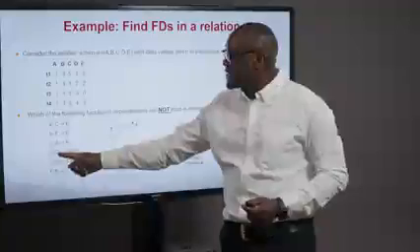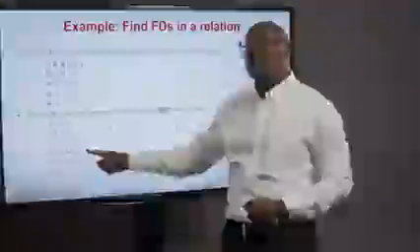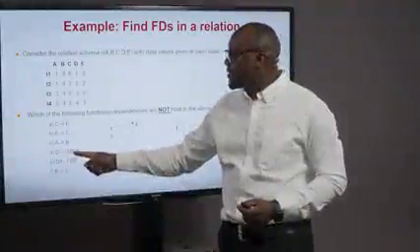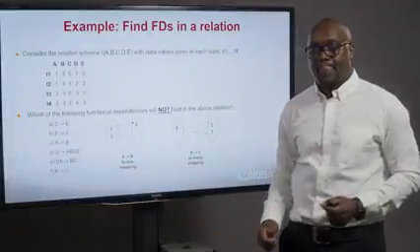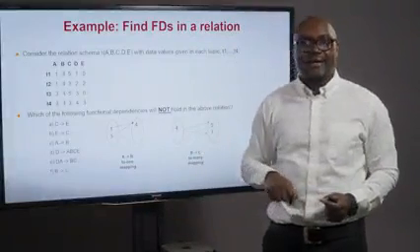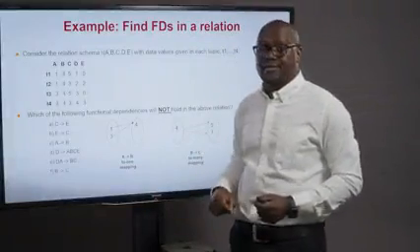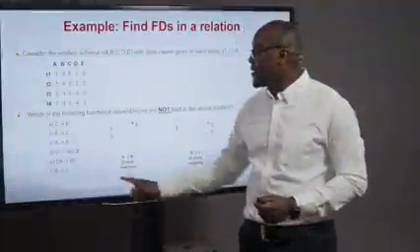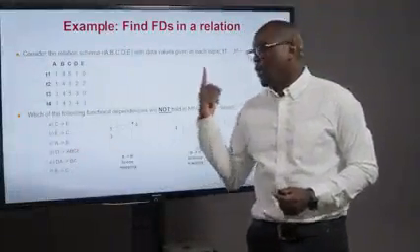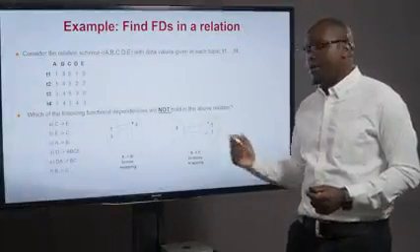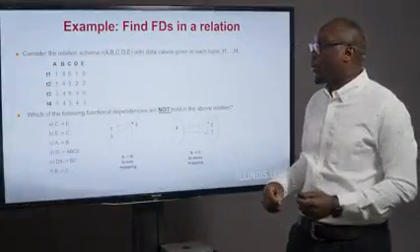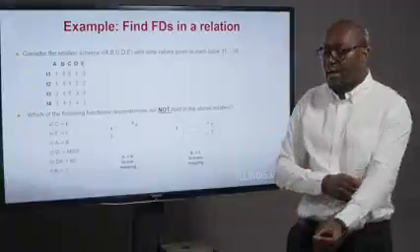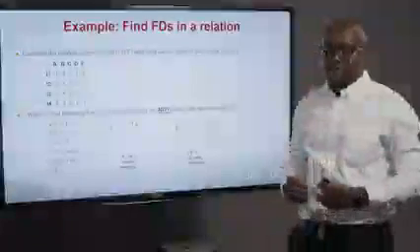You can see that D can determine all the other attributes, A, B, C, and E. It can also determine a subset, such as AB, because it can uniquely determine all the attributes.